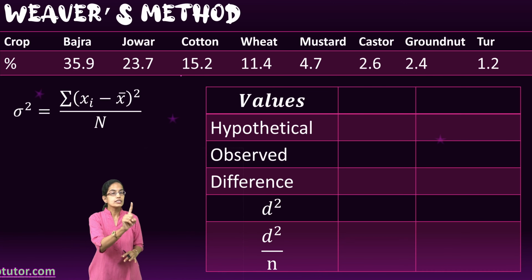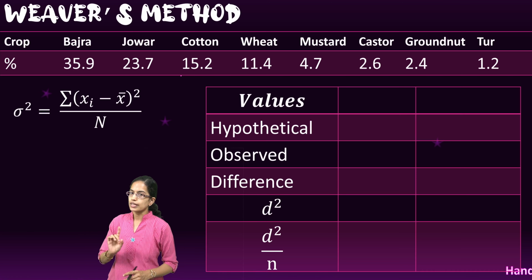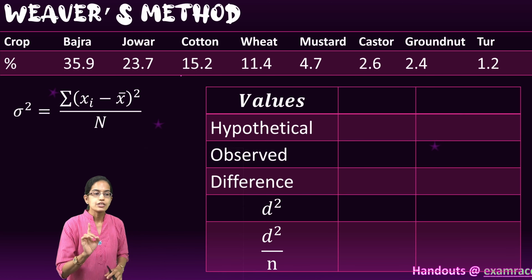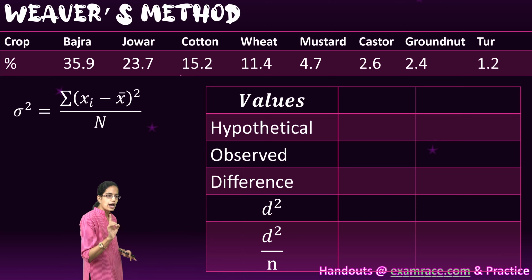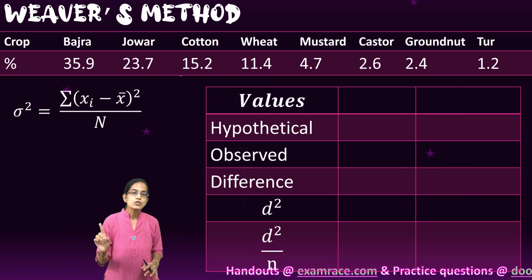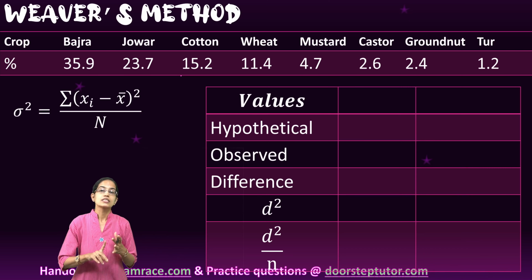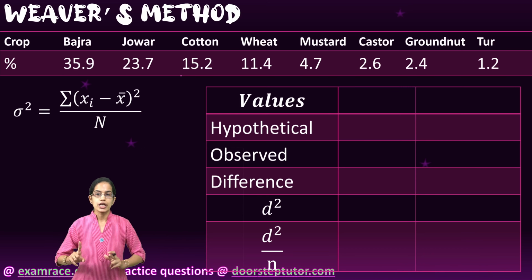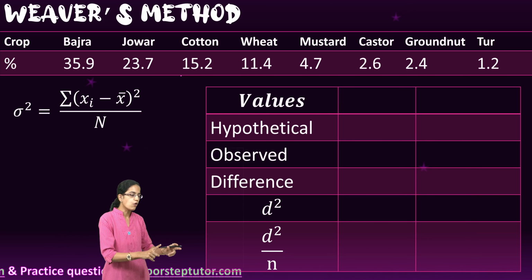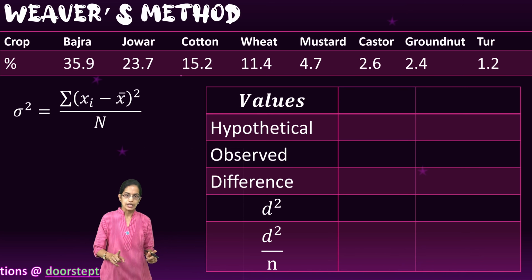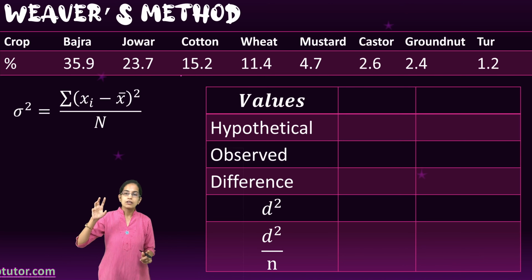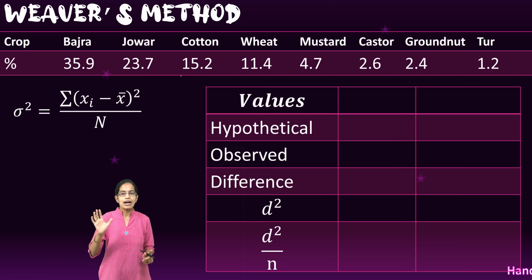Now, what is the most viable solution? I need to find this out. To find the most viable solution, I need a method of crop combination which gives a significant share to the proportion of the total cropped area. What does this mean? It means that I would have the hypothetical values with me.